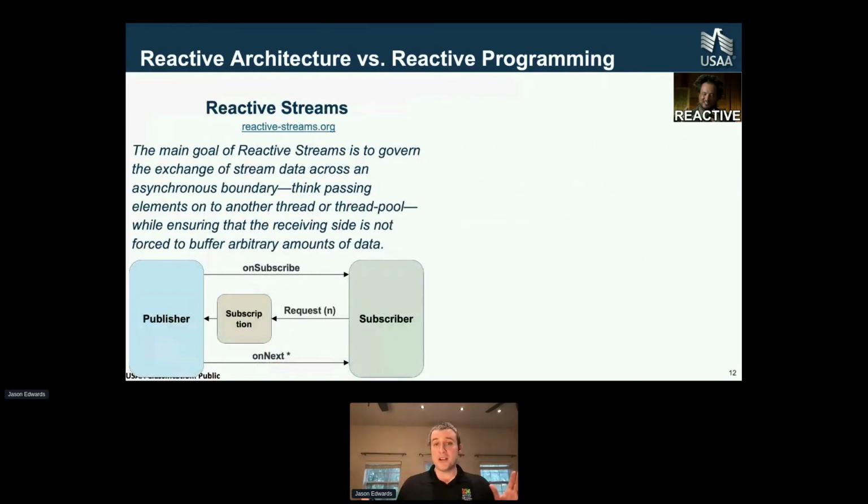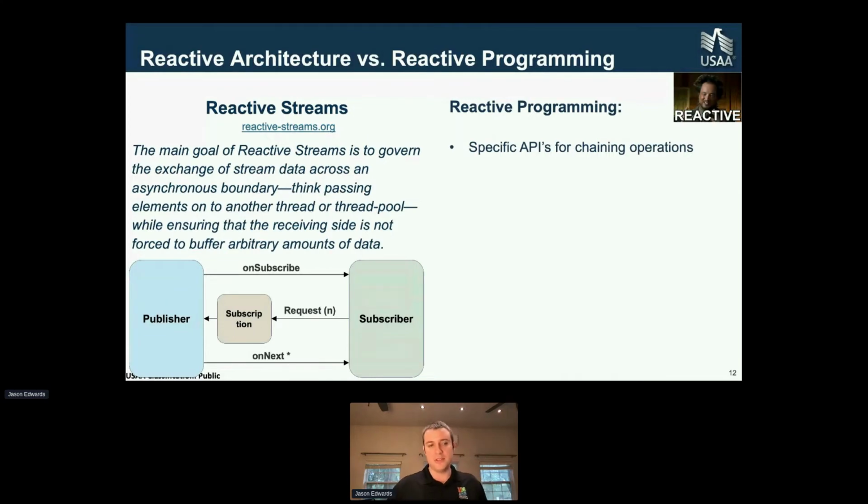So on the flip side, we talk about reactive programming. A lot of times you'll hear that we're talking about the reactive streams specification, and you have publishers and subscribers and non-blocking asynchronous back pressure. Anyways, reactive programming is talking about specific APIs for describing a chain of operations. Usually you have some data being produced, it's getting transformed in some way and getting sent somewhere.